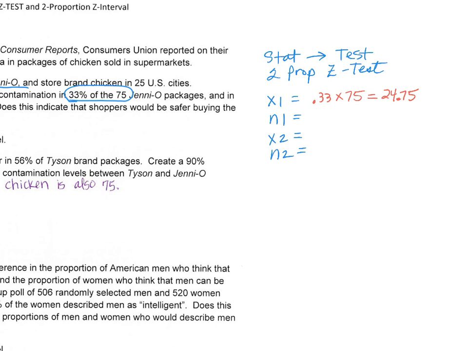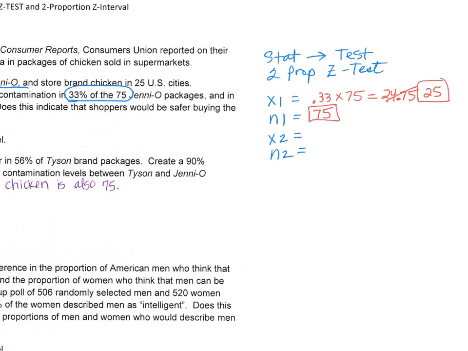Is that allowed? No. You cannot have a percent or a decimal. You round appropriately, because that means they rounded 33%. It was probably 33 1/3, and they rounded down to 33%. So you would put in a 25 for that x1 out of 75 for your n.